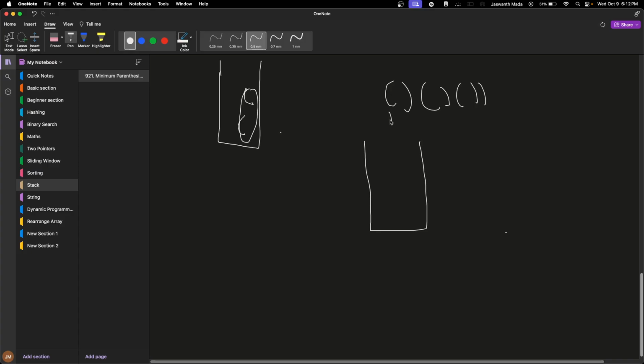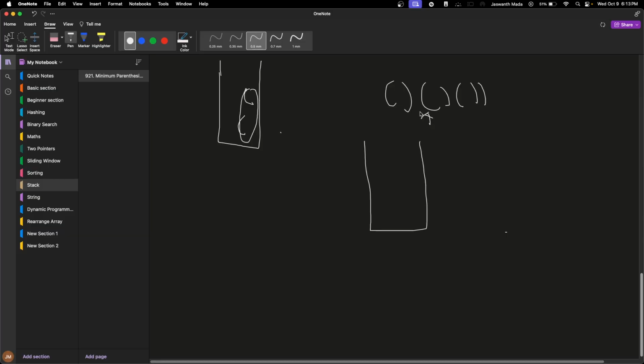Initially I'm at this parenthesis, and since it's a left parenthesis, I'll just push it into the stack. Then I'll come here. This guy is looking for a left parenthesis, so he'll directly go inside the stack and look for a left parenthesis. There is one inside the stack, right? So these two guys will get matched with each other and they're valid.